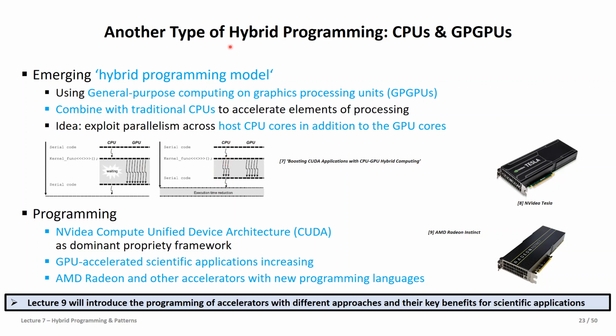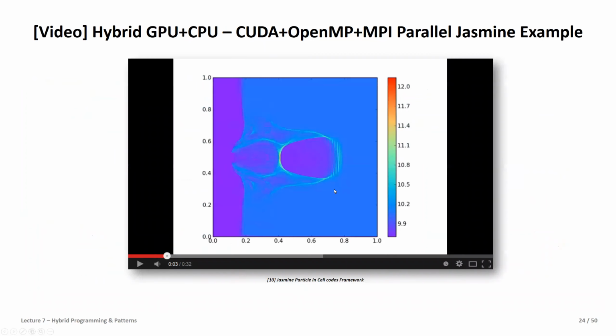Hence, this is also so-called hybrid programming, and should not be misunderstood with the idea of doing shared memory and distributed memory programming together. Here we talk about a completely different way of doing hybrid programming, and I will talk about this more in lecture 9. It has nothing directly to do with the shared memory and distributed memory you learned in this lecture. Just as a disclaimer.